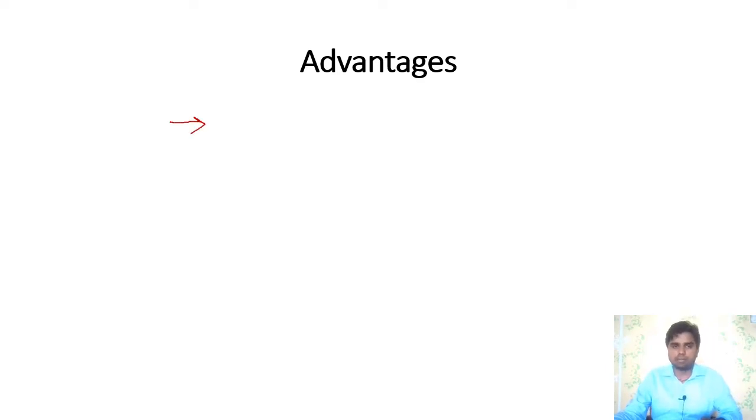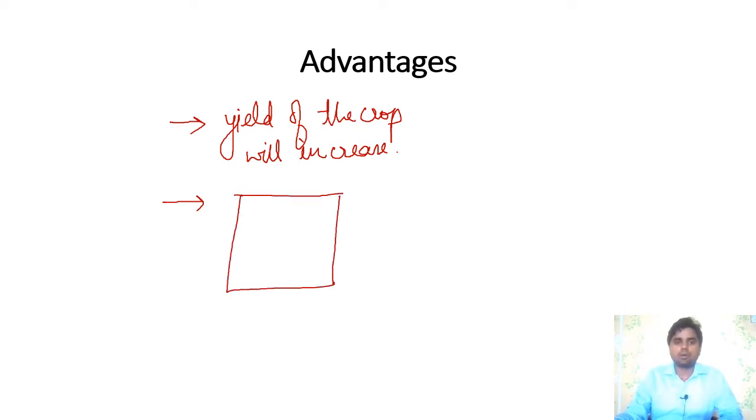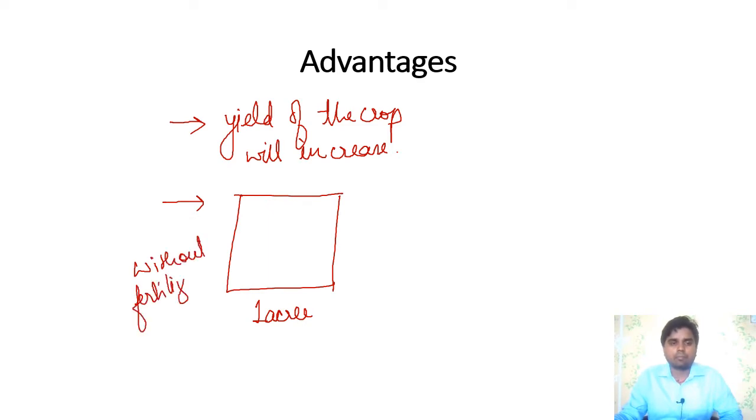of these chemical fertilizers? The first and the most important thing is that the yield of the crop will increase. Suppose that before adding any manure, this is our field of 1 acre, and this is without fertilizer, and we have cropped one type of plant over here.